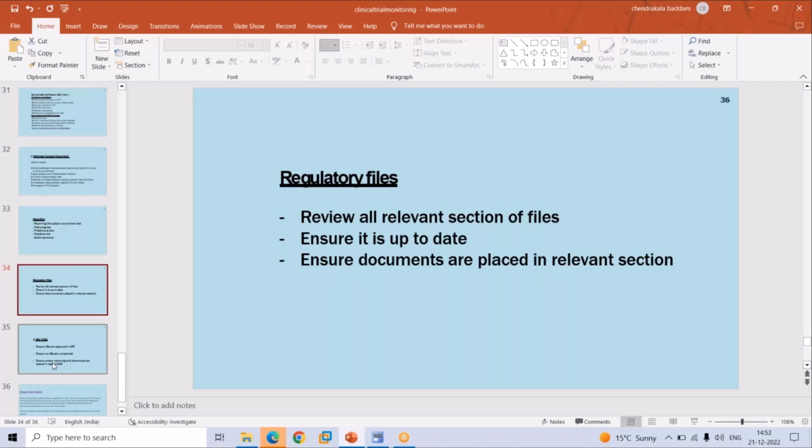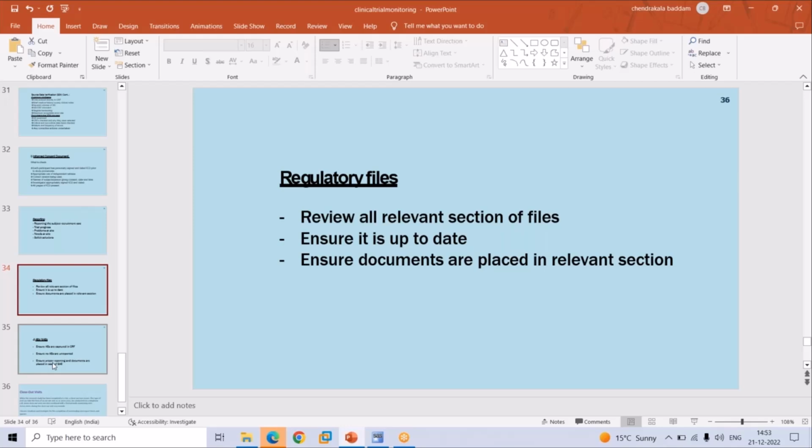Filing: they review all the relevant sections of the files. They ensure it is up to date. That means they check what are all the documents which are essential during the study, before the study, and after the study.